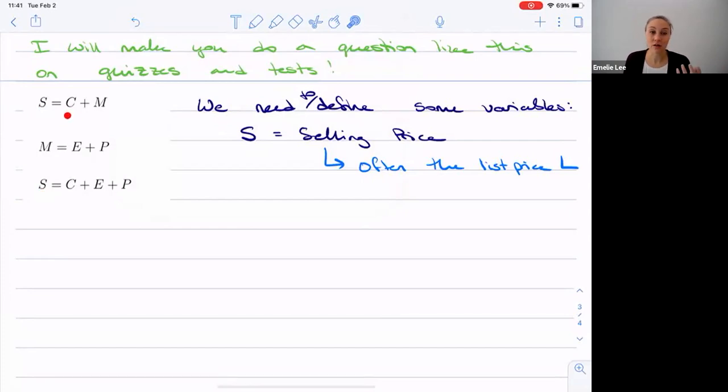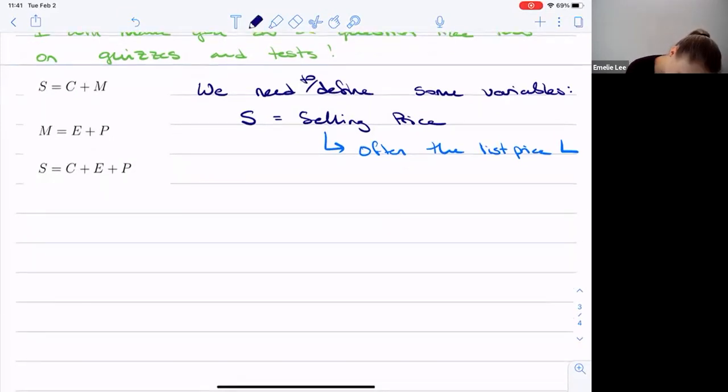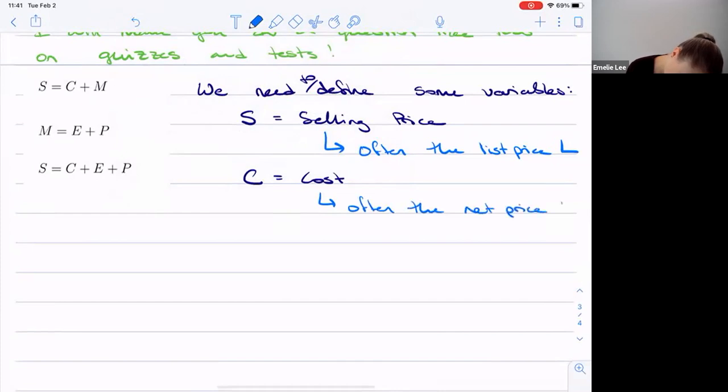C is the cost. It's the cost to acquire this thing, right? Which is often the net price, N. Okay, so I say often because it's not necessarily the net price, but at the retailer level, they are the same, right?